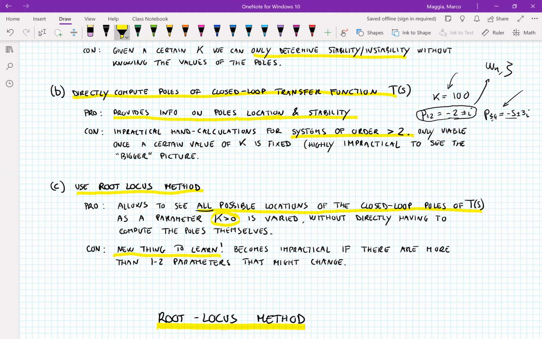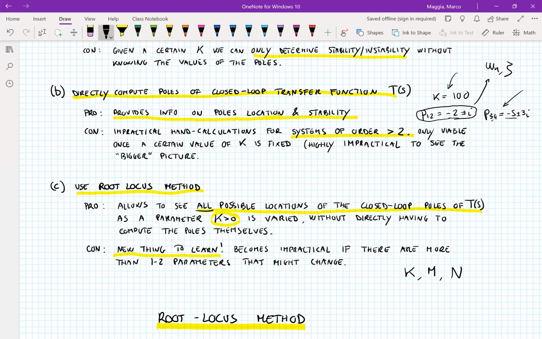Now, another con of the root locus method is that if we have more than one parameter, let's say we had K and then another parameter M, then it becomes a little bit tricky, especially when you have even more than two. Say you have K, M, and N, then it gets complicated.